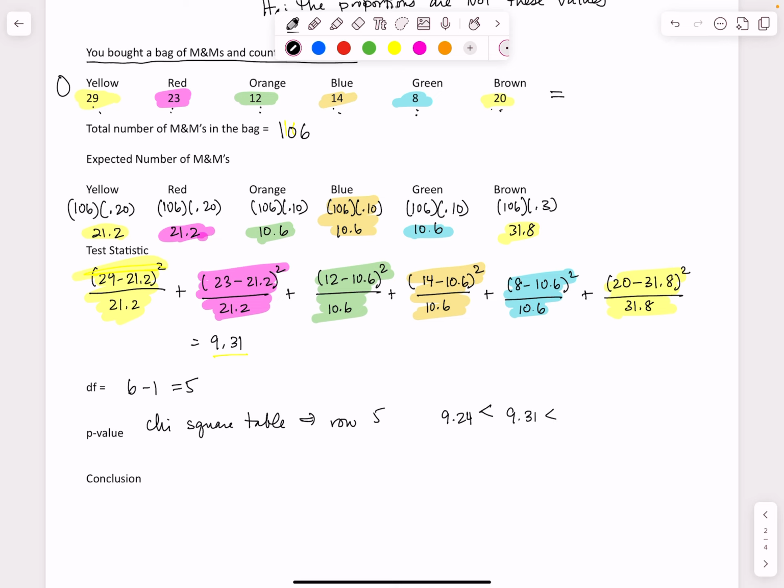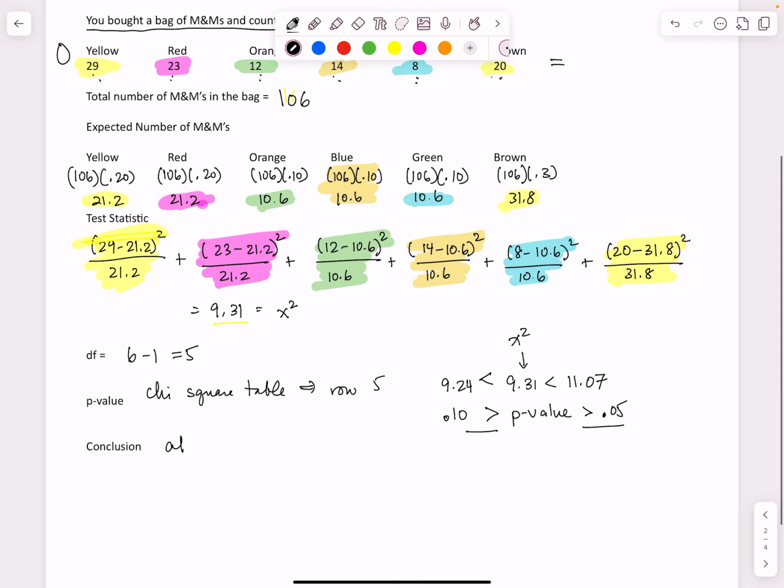So this is just like looking at the t-table, that this is where your chi-squared value falls between these two, which in turn, we end up with the p-value is between these two numbers. So it's bigger than 5, less than 10.